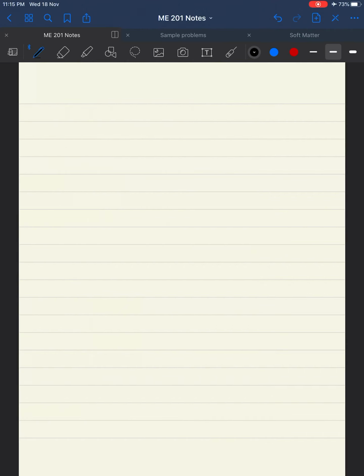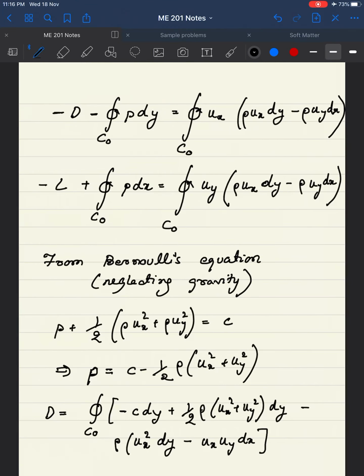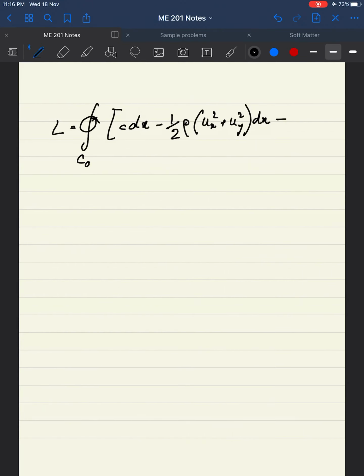And for lift, my L should be over C0, C dx minus half rho ux square plus uy square dx minus rho ux uy dy minus uy square dx.